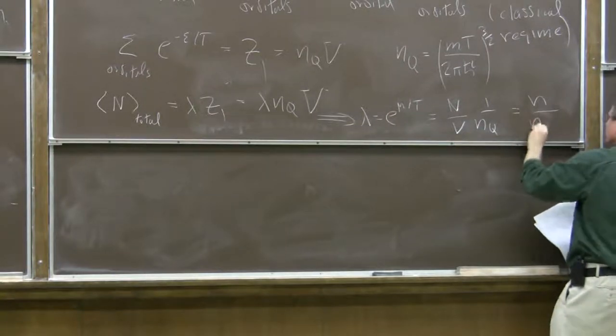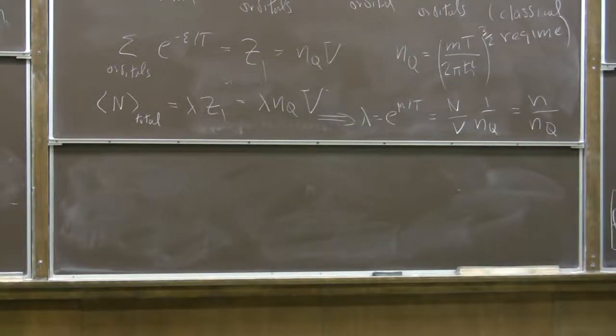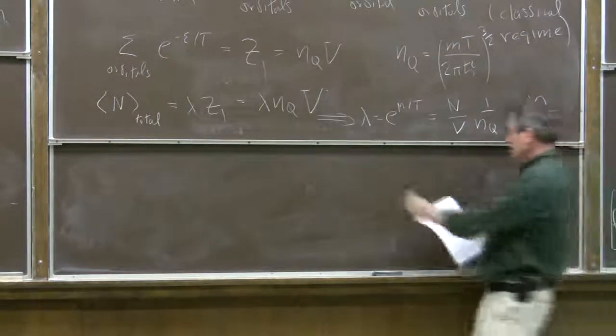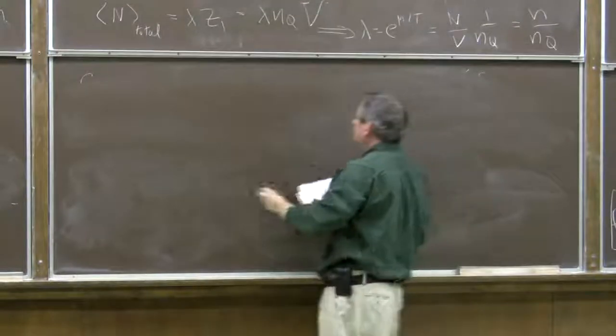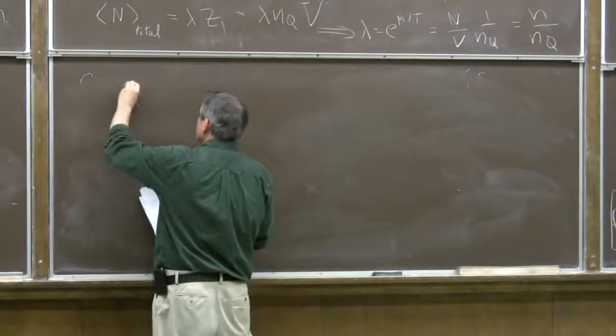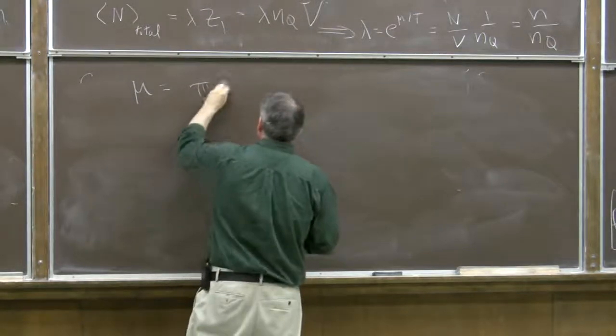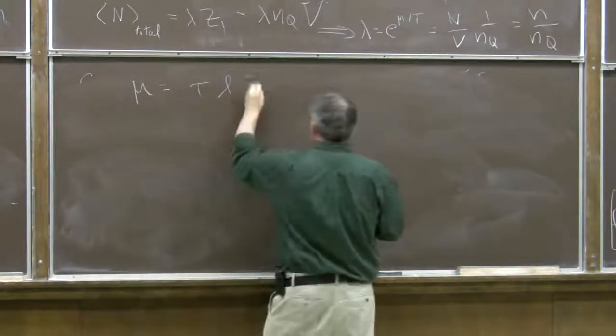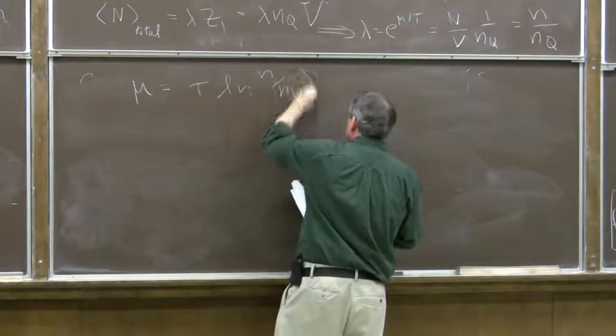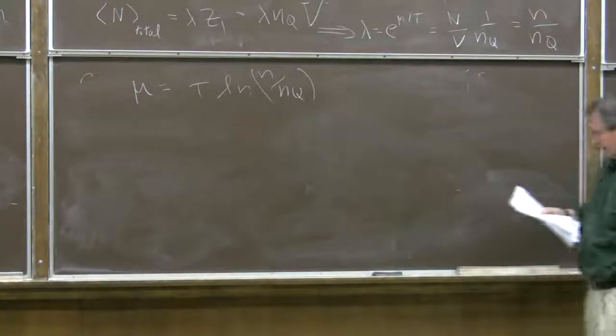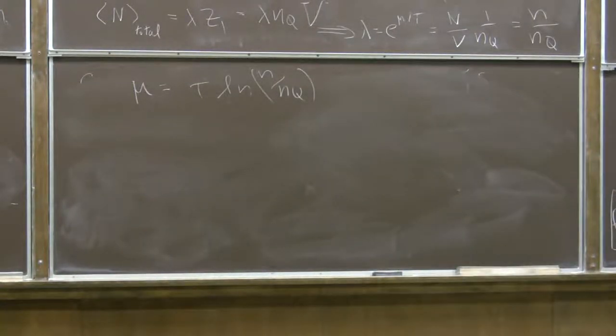So that's concentration divided by quantum concentration. So I could take logs of both sides and multiply by tau and get a formula for the chemical potential. The chemical potential is tau log of concentration divided by quantum concentration. Well, that's a formula that we saw before.